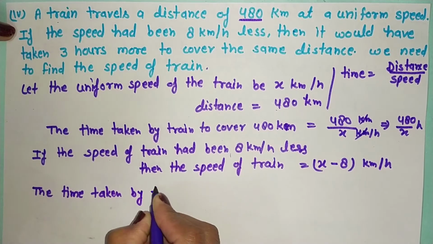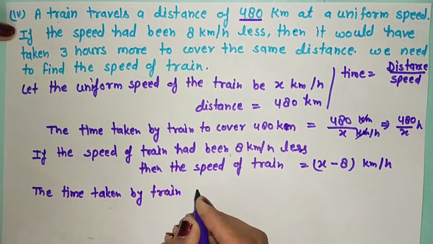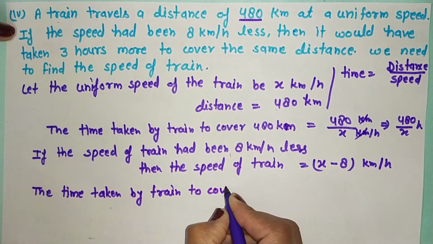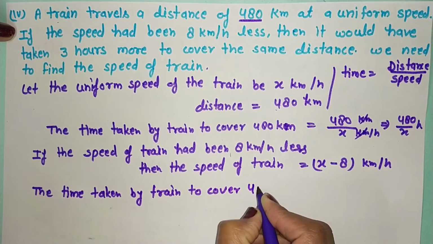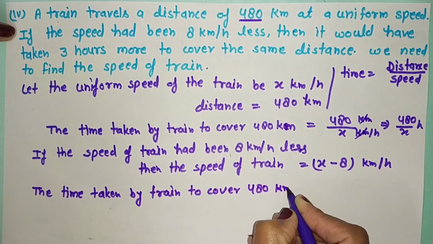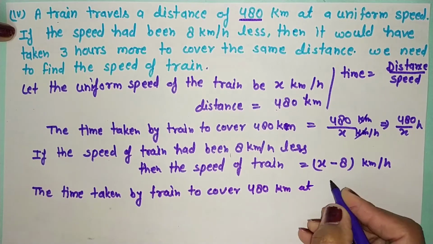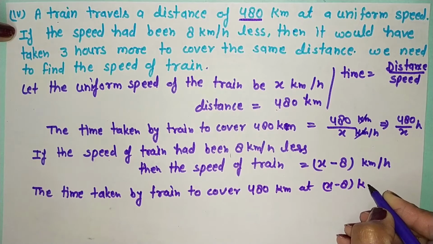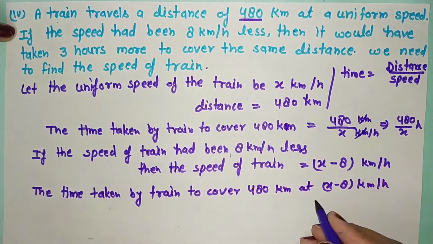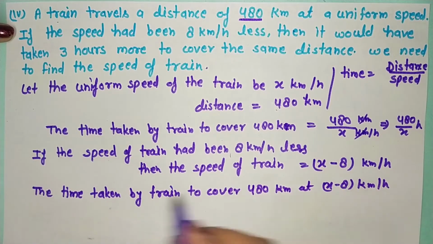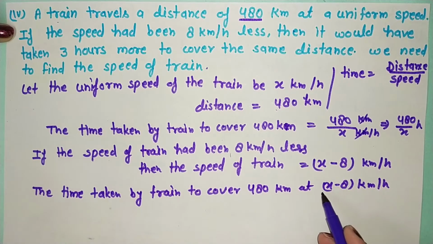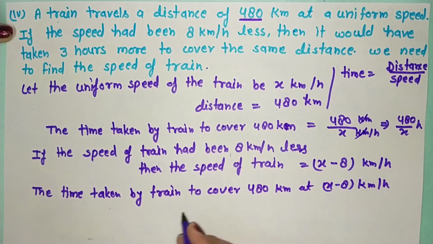The time taken by the train to cover 480 kilometers at x minus 8 kilometer per hour speed.